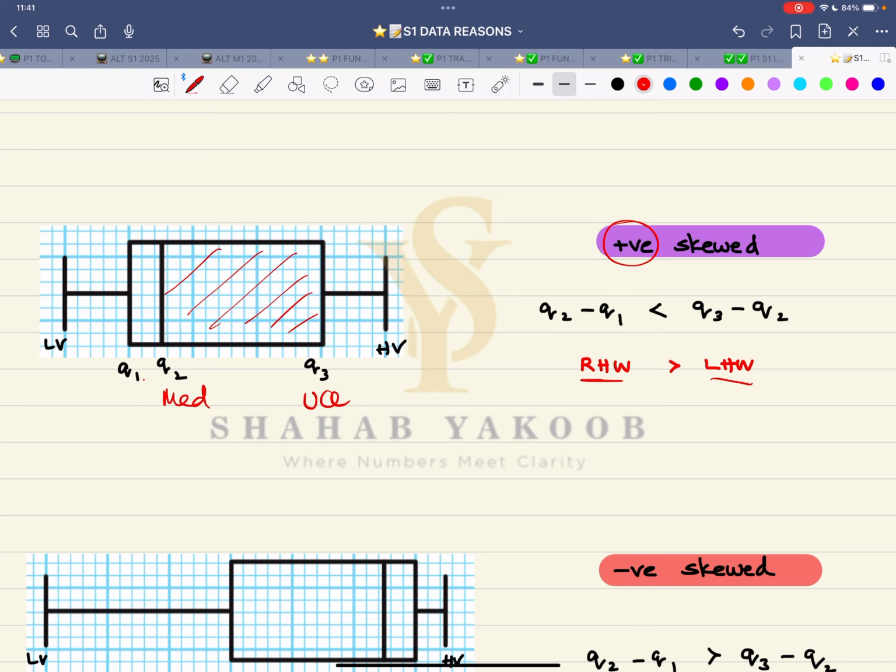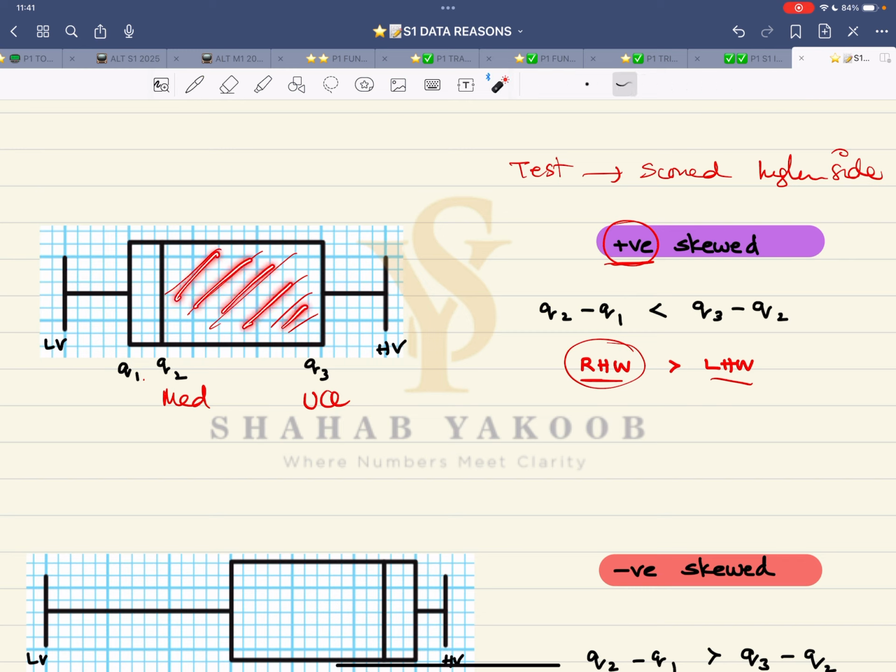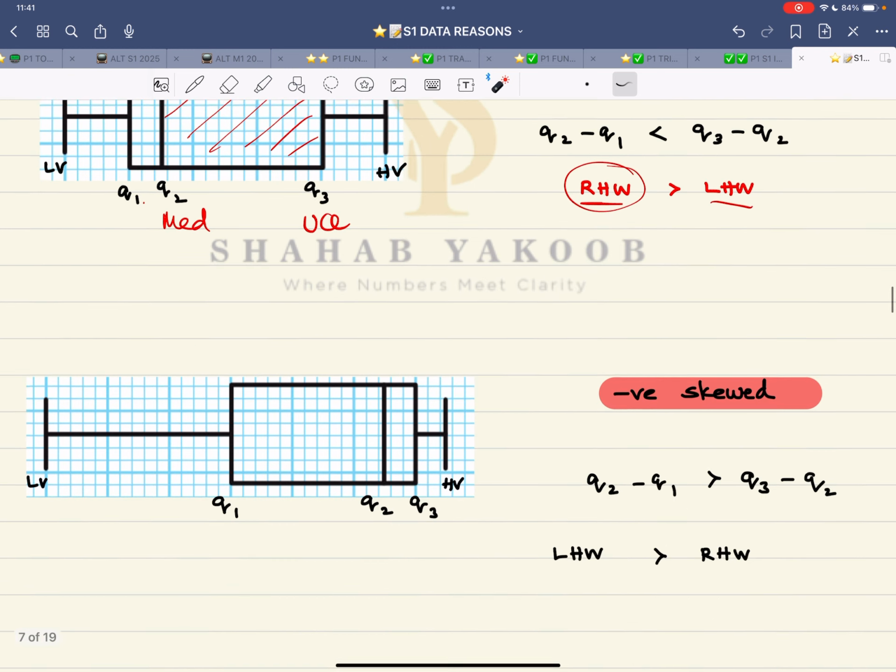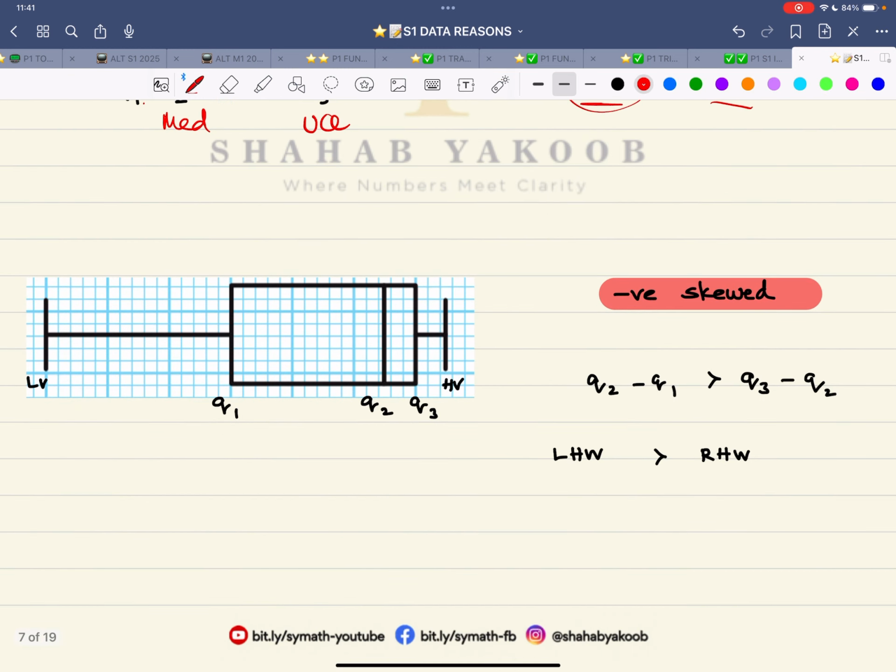that let's say, for example, a test is taken and many people scored on the better side, on the higher side. So therefore, I would say that this is positively skewed. And usually the right hand whisker is of greater length. Over here, it's not so, but just this much would suffice that this is positively skewed. On the other side, let me mark it with a green color.